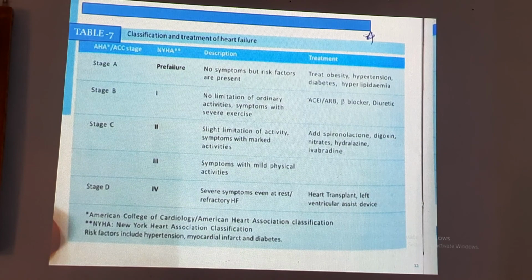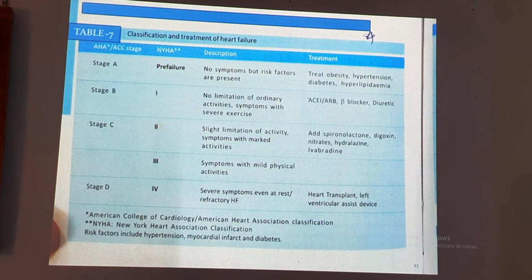Stage 3: symptoms with mild physical activity. Stage D, that is NYHA stage 4: severe symptoms even at rest and refractory heart failure.